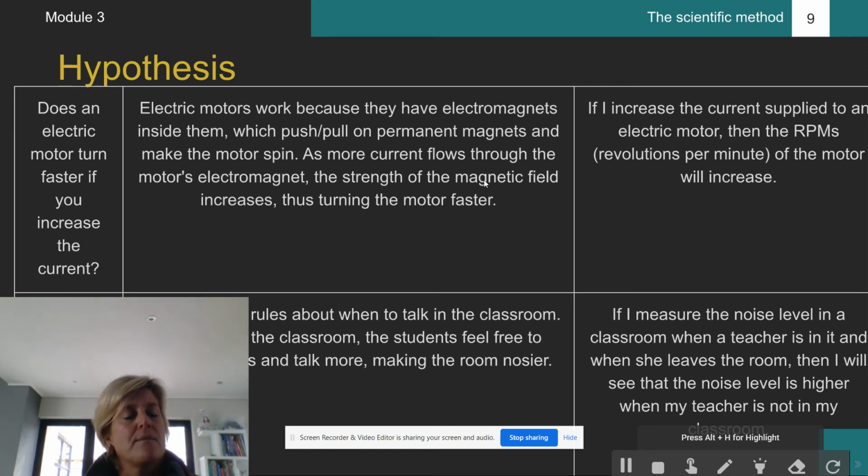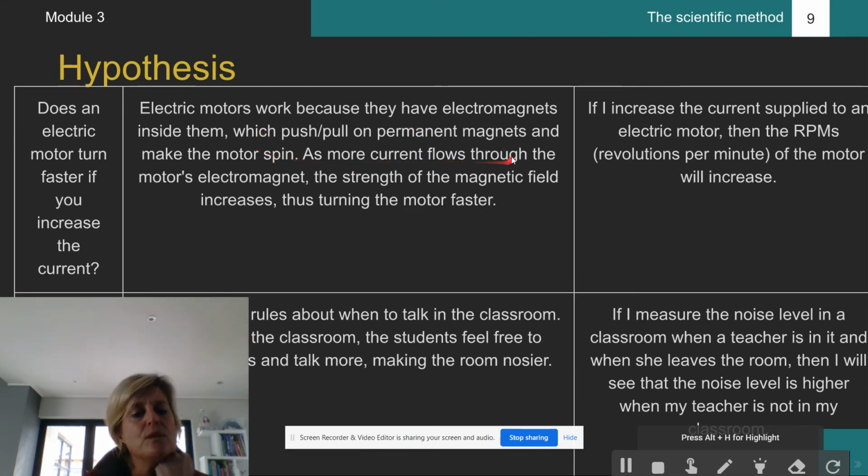Let's think about this hypothesis for a moment and identify the independent variable. What is the scientist going to change in this investigation? The scientist is going to change the amount of current that flows through the motor. If this is the case, then current must be our independent variable.